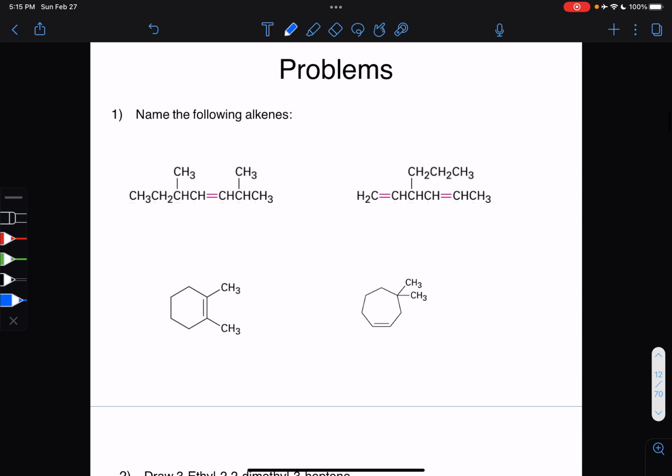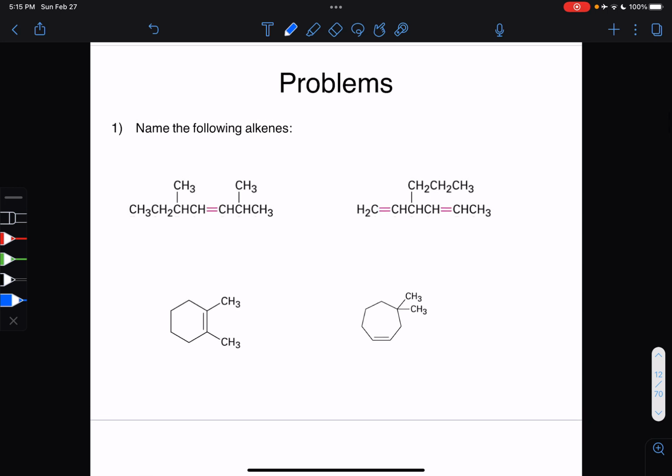Alrighty, folks, let's do some problems here. We want to name the following alkenes. Alrighty, so on this one, on the top left, we can number left to right, or we can number right to left.